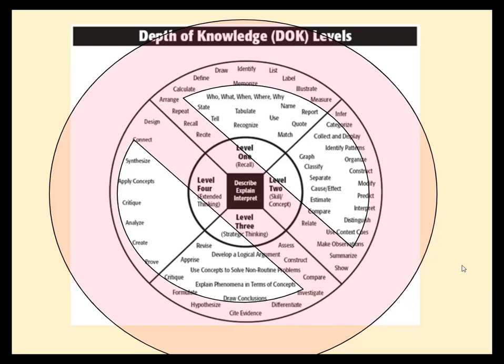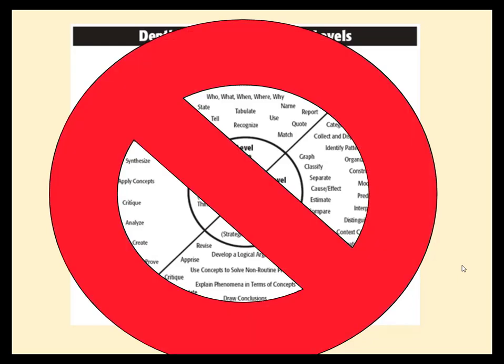So while this is being used as a way to differentiate, really it should not be used. The verbs do not tell you how complex a task is. It tells you the type of thinking that's there, perhaps, but not the complexity of the task.